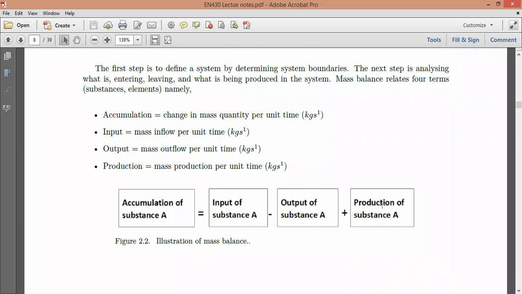Production of substance A: what is meant by production here is, in that reactor, in this case the pot, were there any reactions happening between the water and the millimil that caused more millimil to be produced, for example? No. Or more water to be produced? There wasn't, isn't it? So meaning our P will be equal to 0.